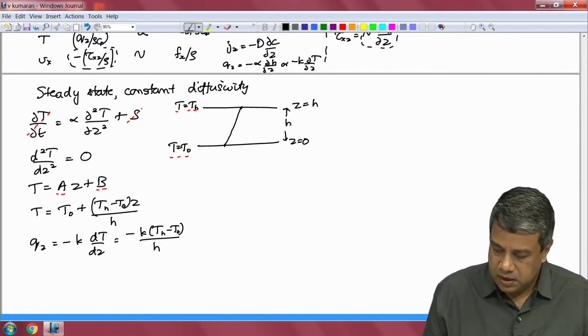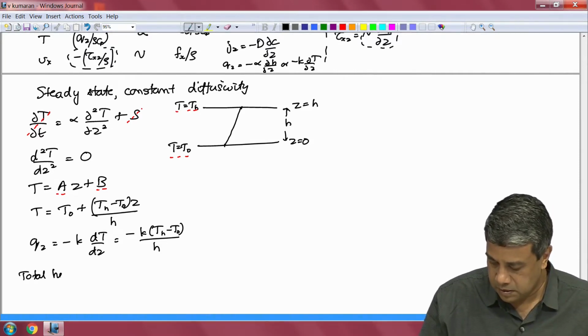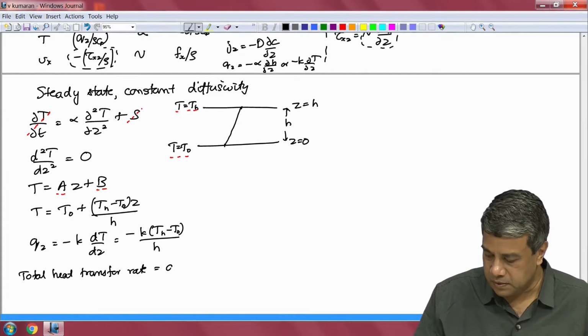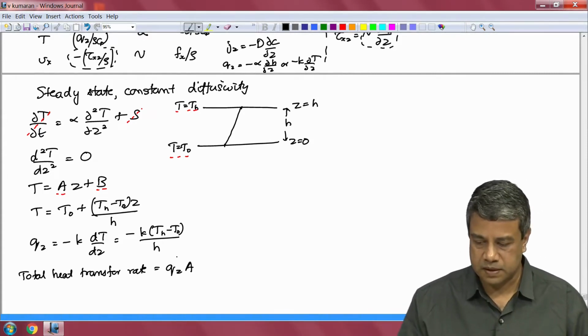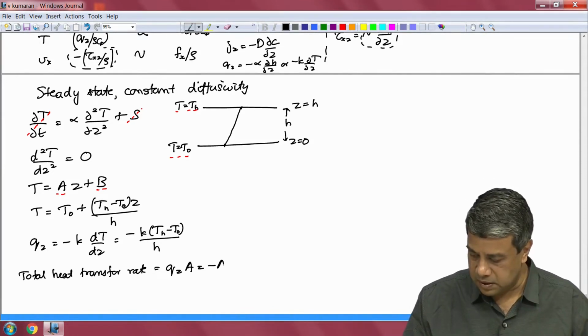And the total heat transfer rate is equal to the heat flux multiplied by the area. So, this is equal to minus A k into (Th minus T0) by H.